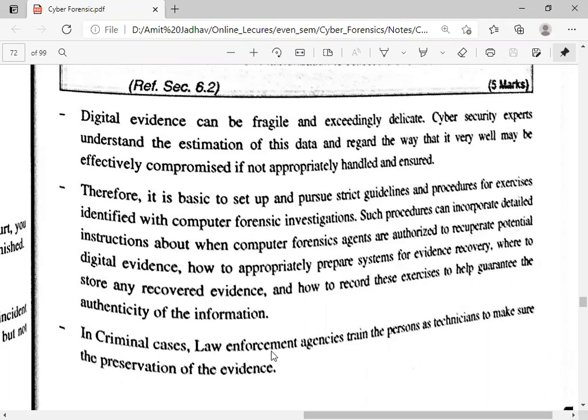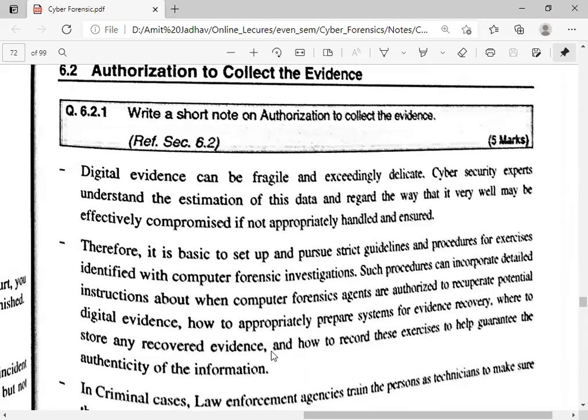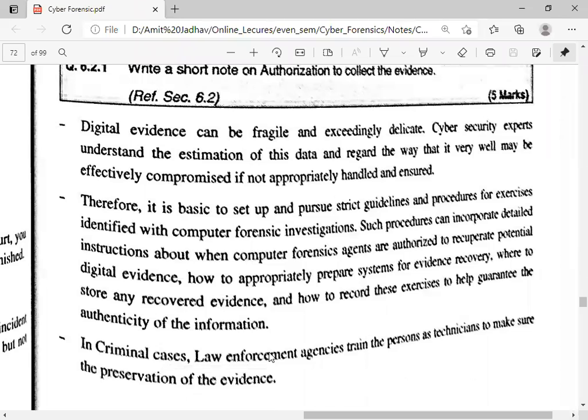So the person from computer forensics can collect the evidence, and they are authorized to collect it because they are properly trained and must know how to handle such digital evidence.